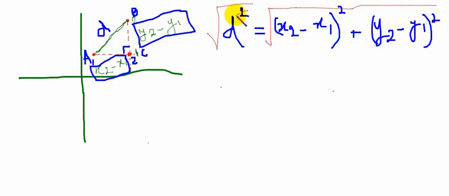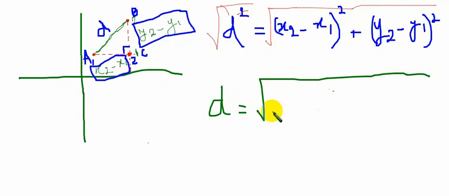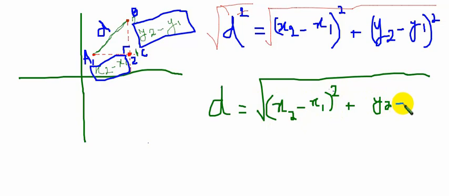So this square and square root will cancel each other, and then we are left with d equals the square root of x2 minus x1 whole squared plus y2 minus y1 whole squared. And just look at it, we got our distance formula. This is our distance formula.